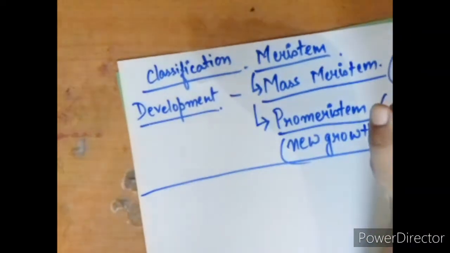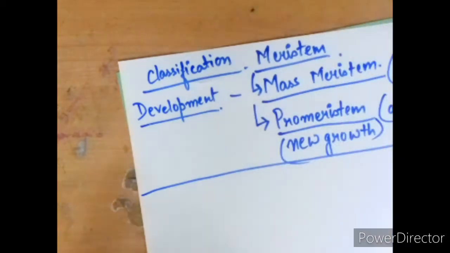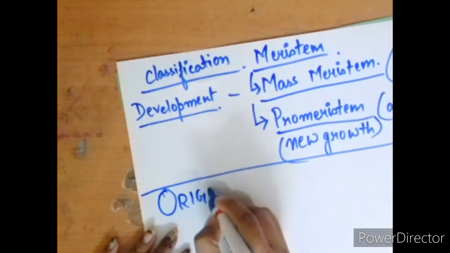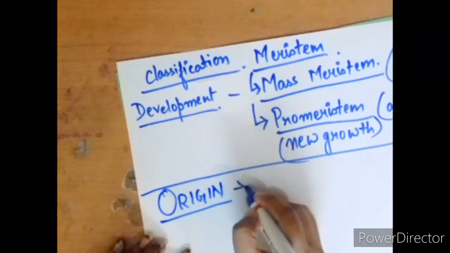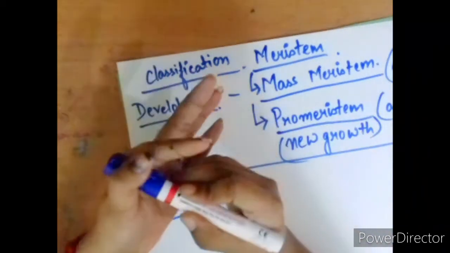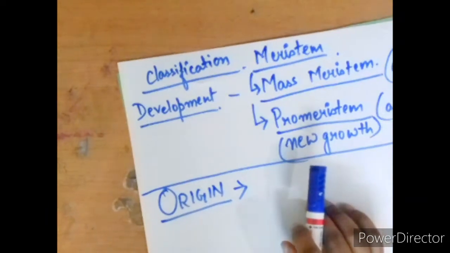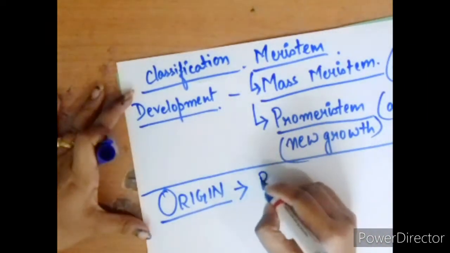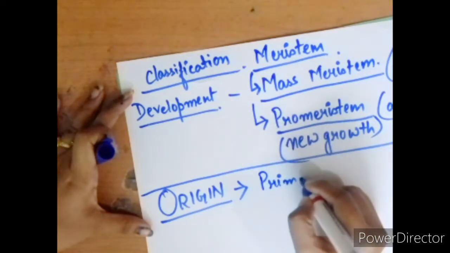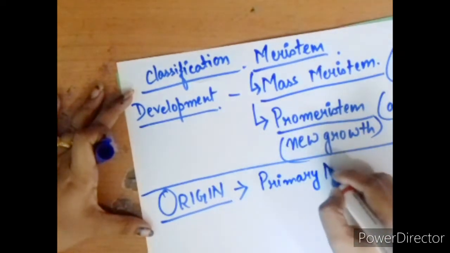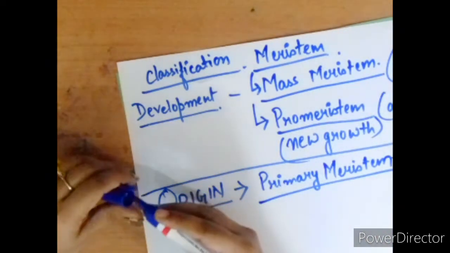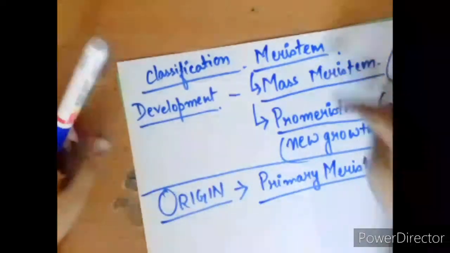Now we will consider the mode of origin. If we understand the origin, meaning from where it is starting, where is the origin of that particular tissue, according to that we also have some meristems, okay. So the first one is the primary meristem. From the word primary meristem you can understand that it is derived from a promeristem, okay.